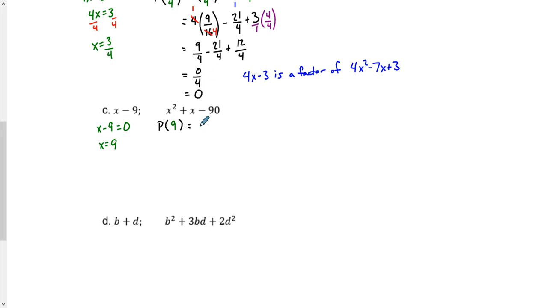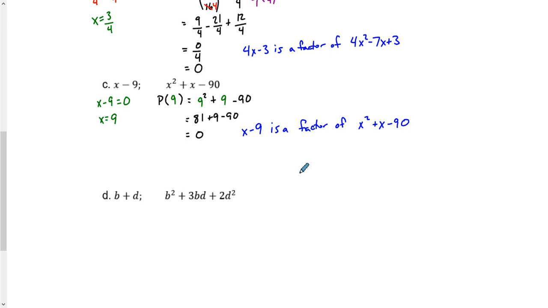So we have 9 squared, adding a 9, subtracting 90. 9 squared is 81, add 9, subtract 90. That works out as 0. So x subtract 9 is a factor of x squared plus x subtract 90. That works out great.